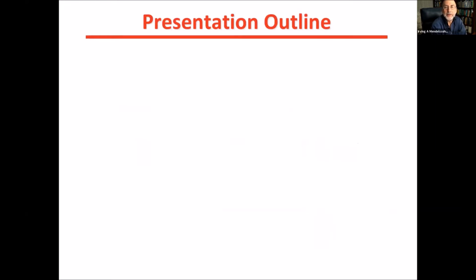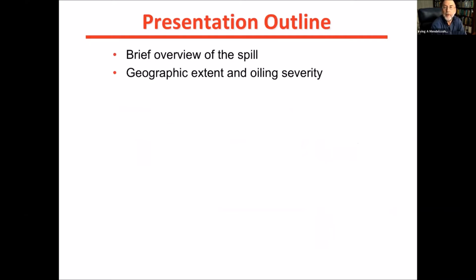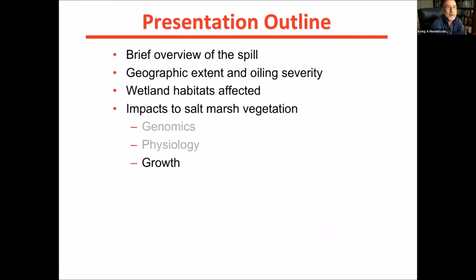My presentation today on vegetation response will provide, first, a brief overview of the spill, then I'll describe the geographic extent and oiling severity, and I'll mention the wetland habitats that were affected. Then I'll get into addressing salt marsh vegetation, and I'll specifically talk about growth impacts.